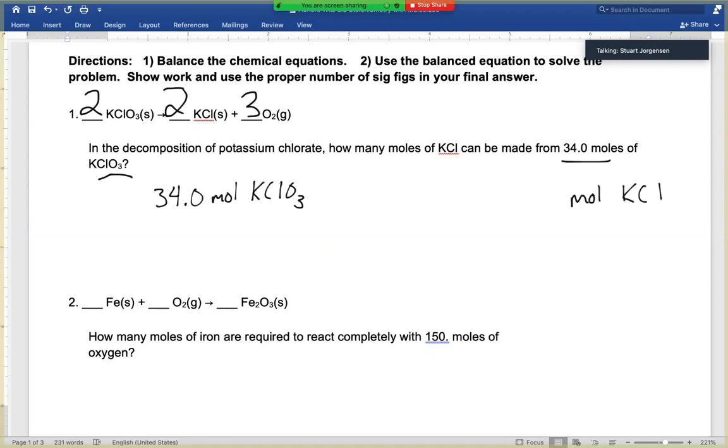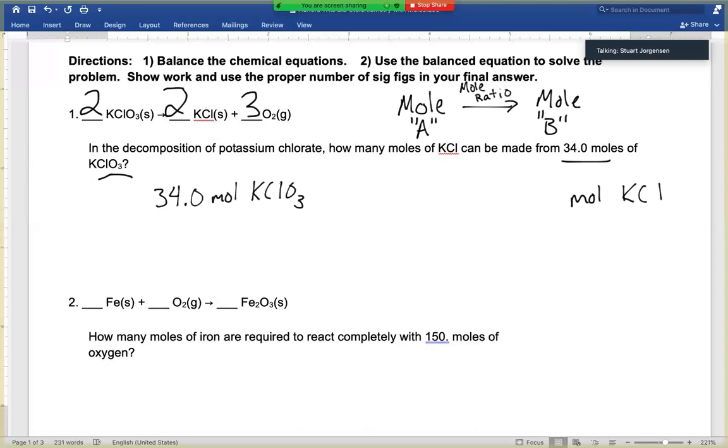We're trying to go from moles of one thing to moles of something else. If you remember, we had that mole train before that kind of helped us out. We're going to make kind of a new one here. If you were given moles of some stuff, I'm going to call them moles of substance A, and you wanted to change it into moles of something else, I'm going to call it moles of substance B. The way we would do that is with what we call our mole ratio.